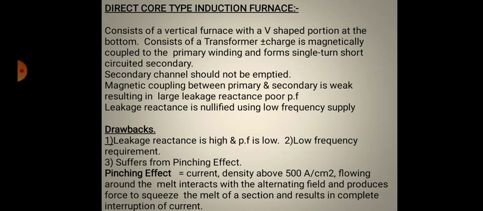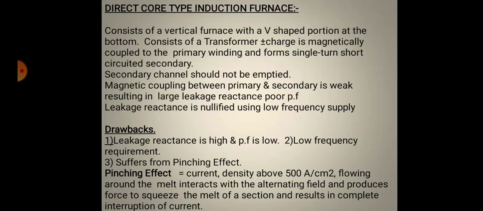Leakage reactance is nullified using low frequency supply, so for this induction furnace, low frequency is required. The drawbacks are high leakage reactance, low power factor, and the low frequency requirement, and it suffers from the pinching effect.